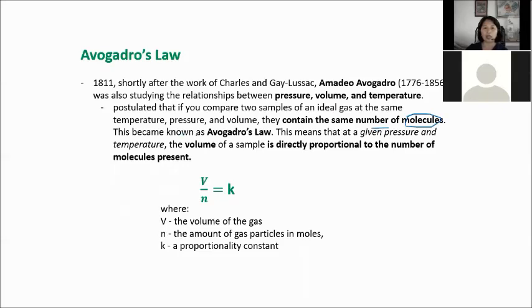So this became known as Avogadro's Law. This means that at a given pressure and temperature, the volume of a gas is directly proportional to the number of molecules present. So introducing a constant, V over n is equal to k. V is the volume, n is the amount of gas in moles, and k is the proportionality constant.